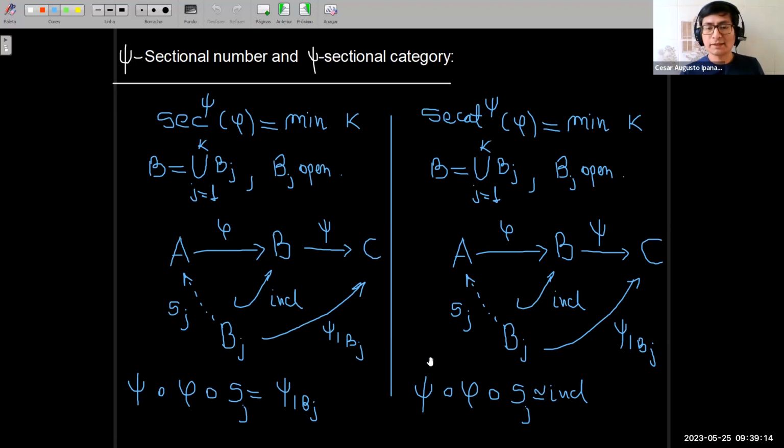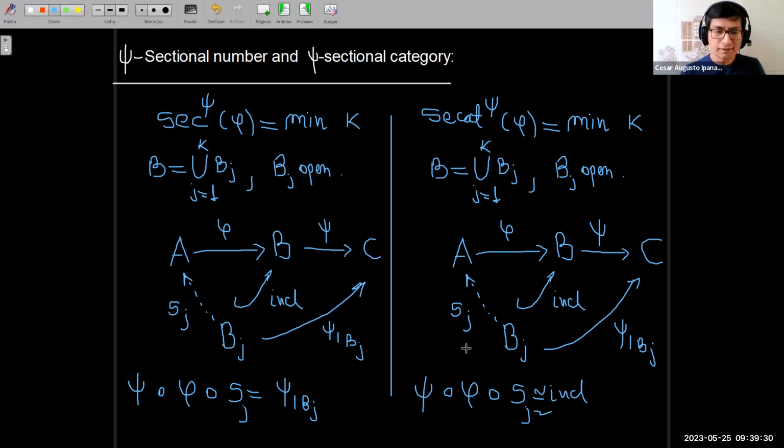Similarly, the C-sectional category, but this is not a strict equality; it is up to homotopy.